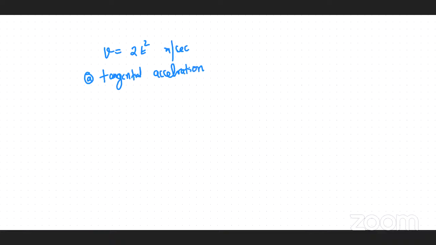The body is in circular motion, okay? And the radius of the circle is 3 centimeter. You have to find the tangential acceleration at t is equal to 1 second. And then you have to find the resultant acceleration when t is equal to 1 second. Find both.